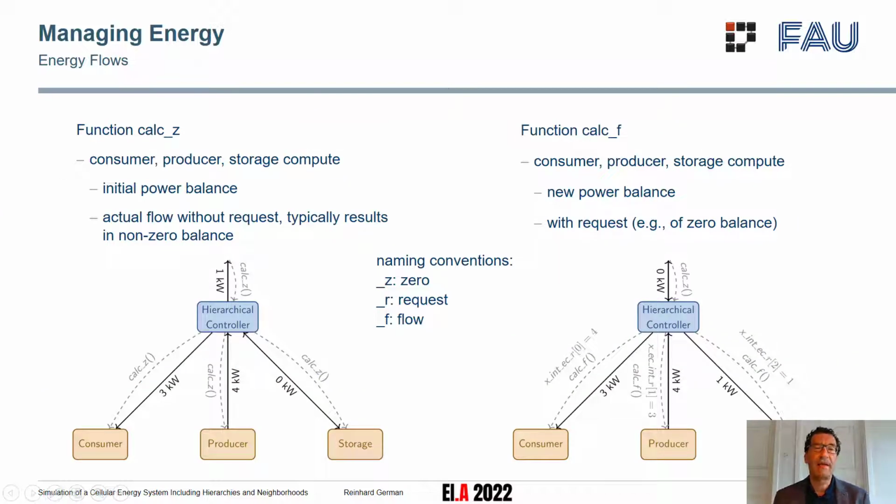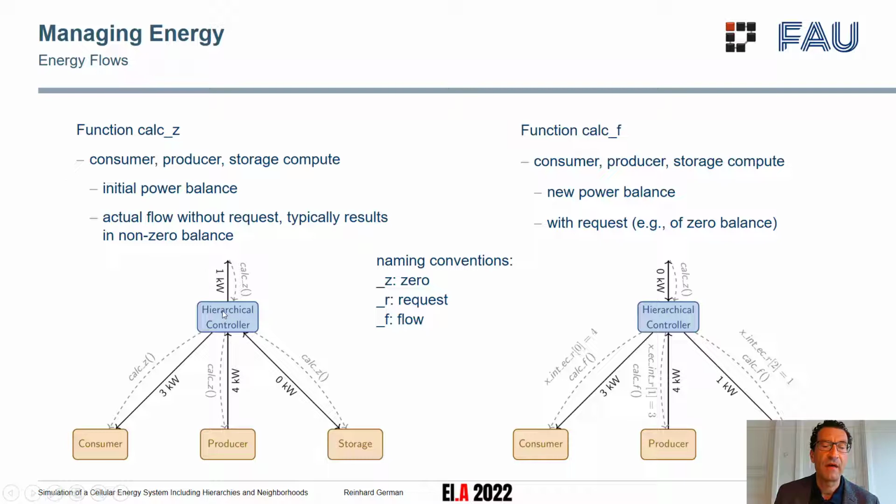And here is a little example to explain that control strategy. You see three atomic energy cells, which are aggregated to one hierarchical energy cell with its hierarchical controller. And the procedure starts by calling a function calc z from that hierarchical controller.